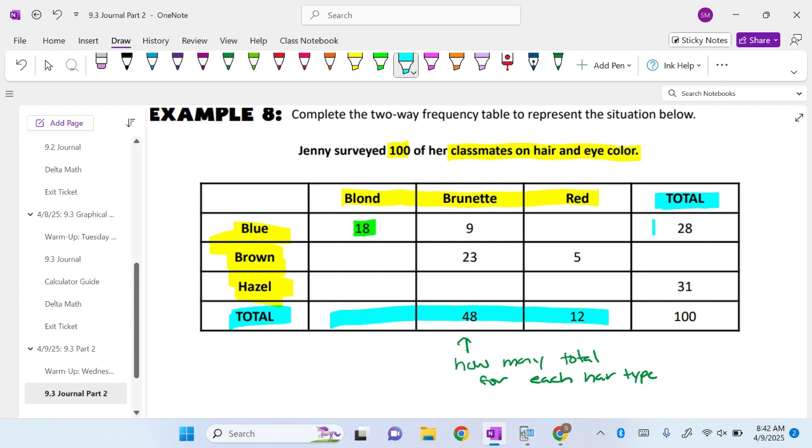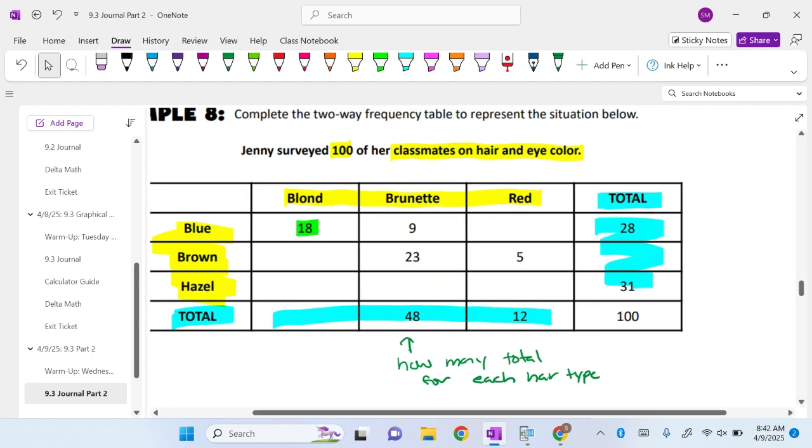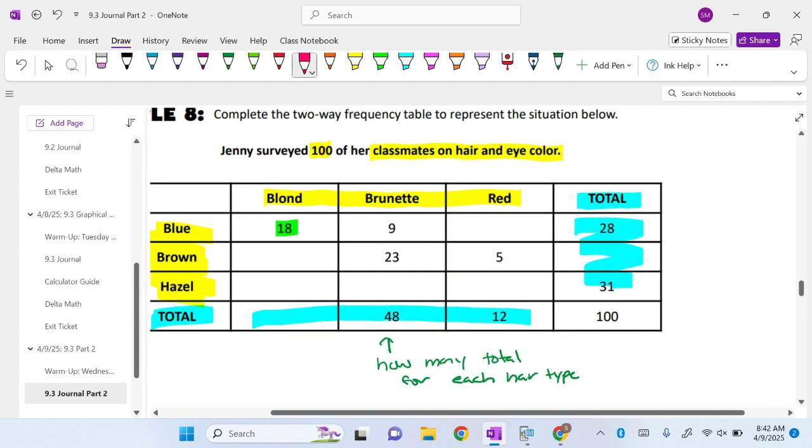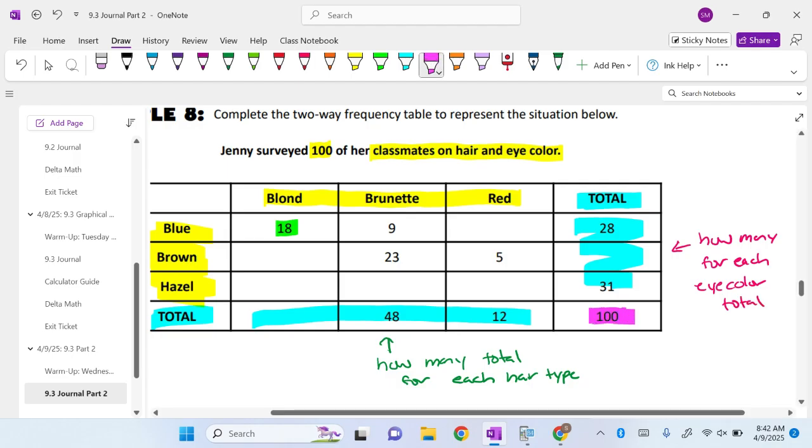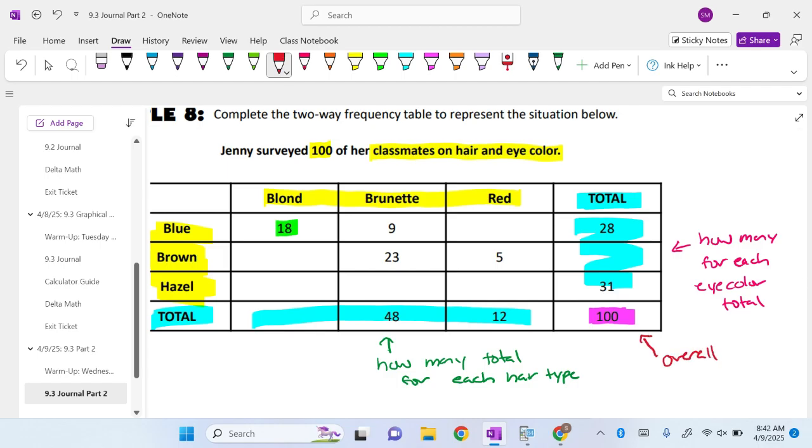And this total right here is how many for each eye color. And this 100, that is the overall total. So this right here is the overall. So both of these totals should add to 100 in order to be correct.